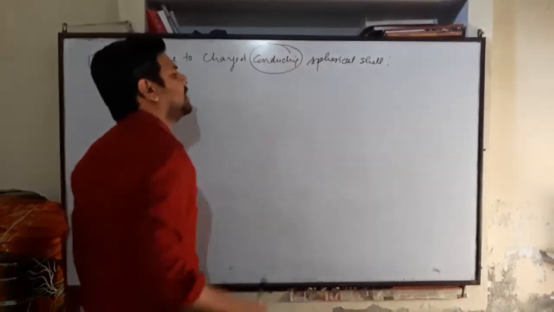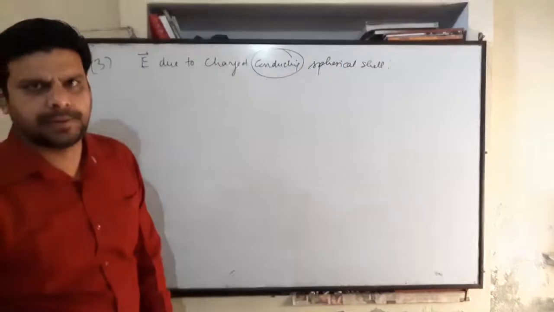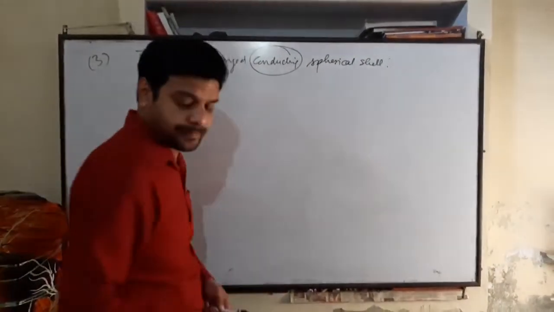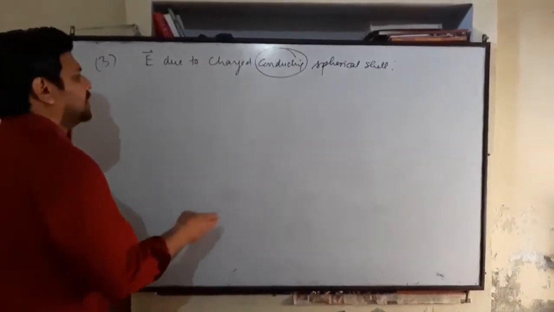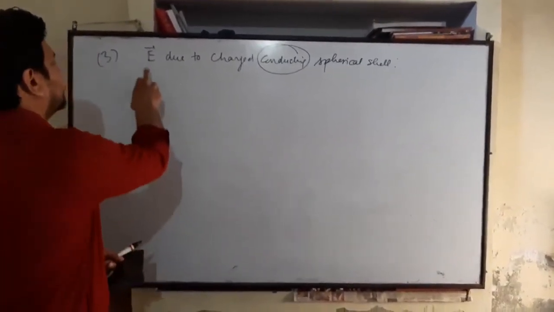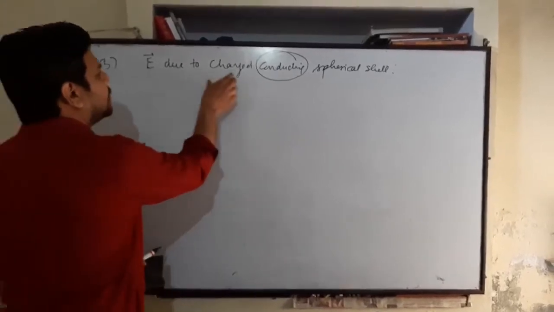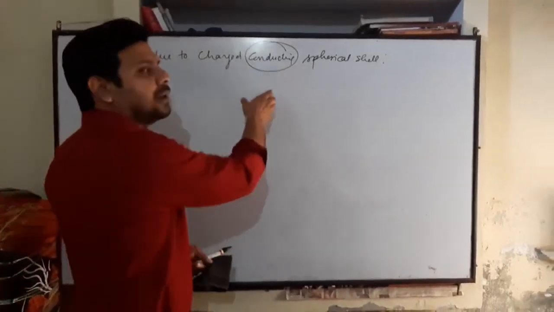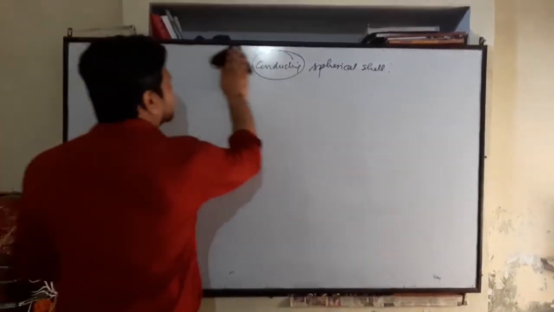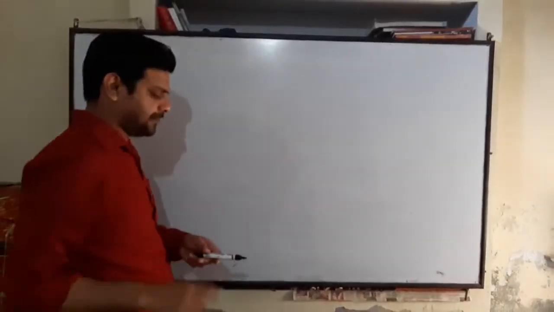Here conducting means metallic. So in this video, we will find the intensity of electric field due to a charged conducting or metallic spherical shell.